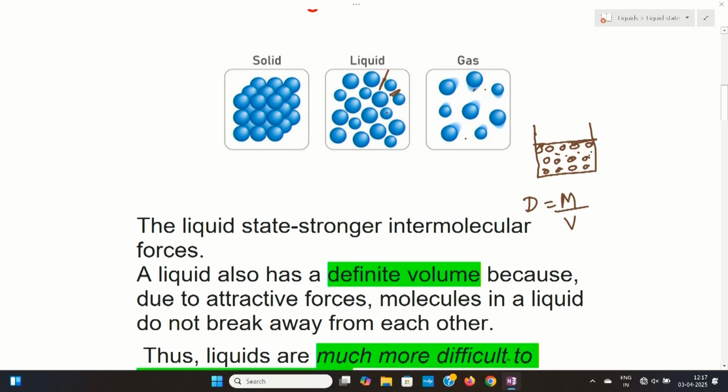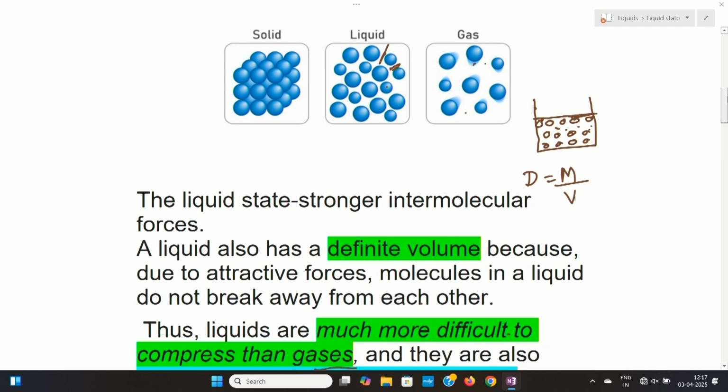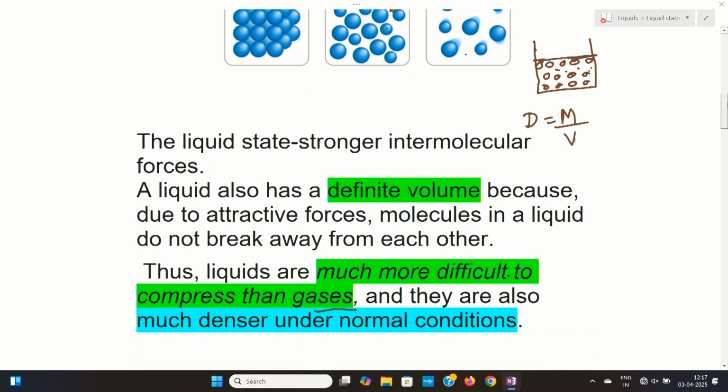In the case of liquids, the number of molecules per unit volume is less. The density of solids is higher because in the unit volume there are more molecules. Therefore, the density of solids is high compared to liquids.